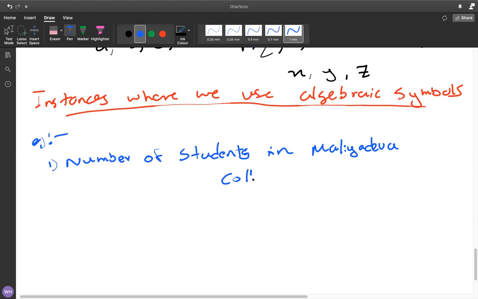Do you know the exact number of students in this school? No, right? Therefore, you can use an algebraic symbol to represent this number of students in the school.